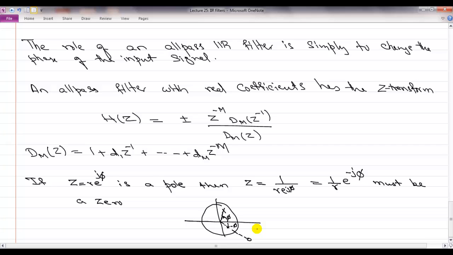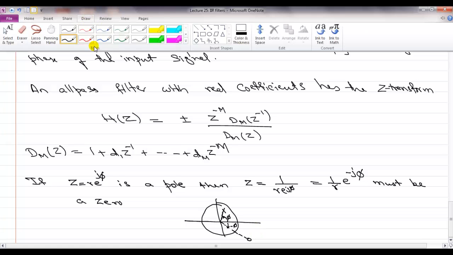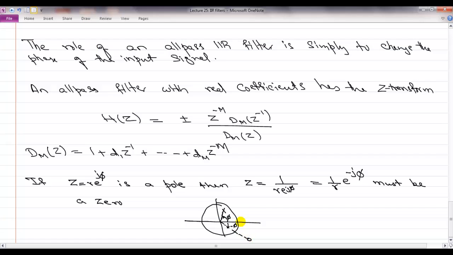We are also interested in real coefficients, and we have talked about it many times. Real coefficients means that the roots of the polynomial must occur in conjugate pairs, which means that if I have a zero here, I must have a zero at its conjugate, which is exactly here. But if I have a zero here, to make it all-pass, I then must have a pole here, which also satisfies the conjugation condition.